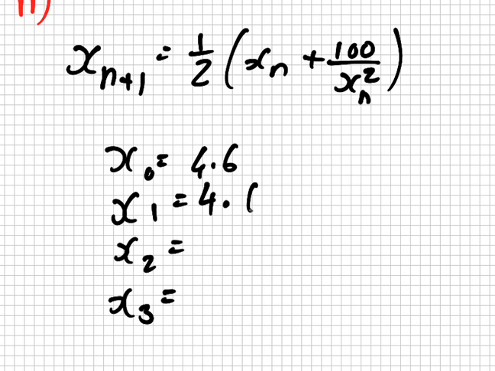Yeah, give me all the decimal places. 4.66294. Okay, so now you have to do it for x_2. So you take this answer and you put that back in to get x_2. Now, if you still have your answer on your screen, you can just type the answer button instead of typing it again.